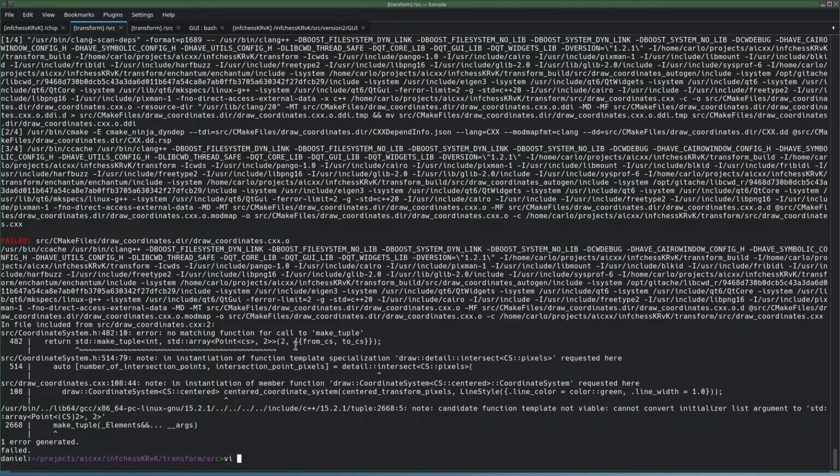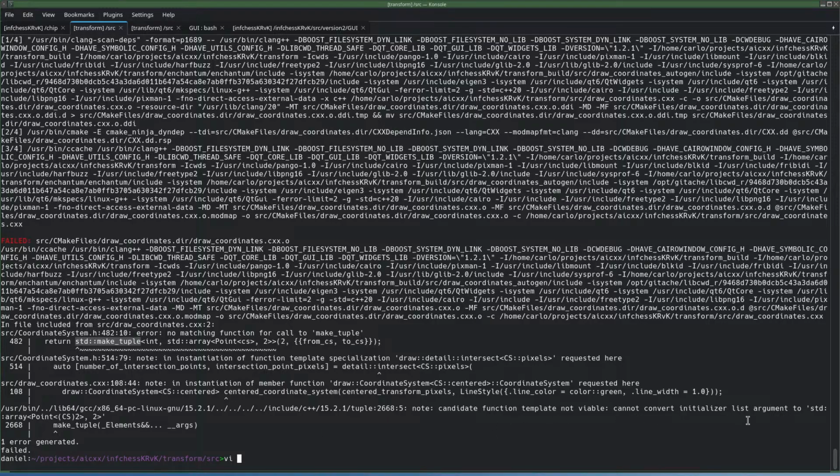No matching function for a call to make_tuple. Candidate function template not viable.